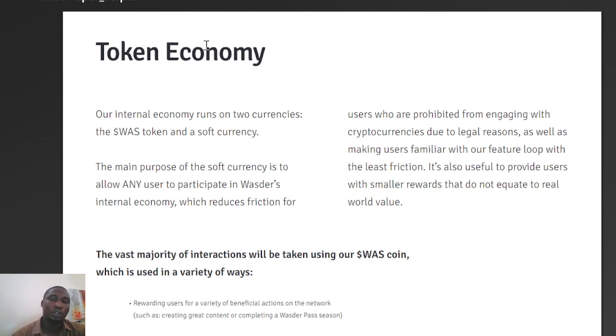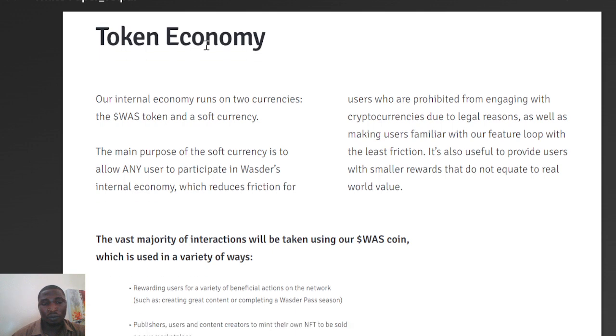It's also useful to help providers and other users with smaller rewards that do not have equal real reward value.